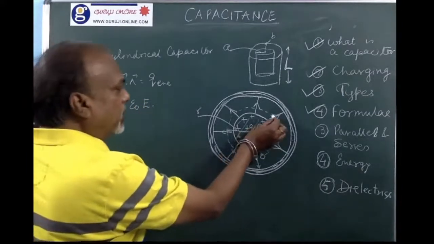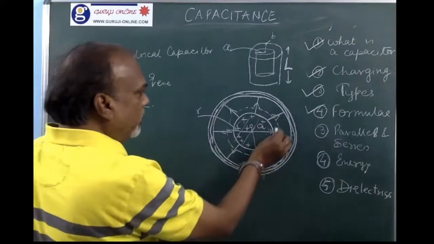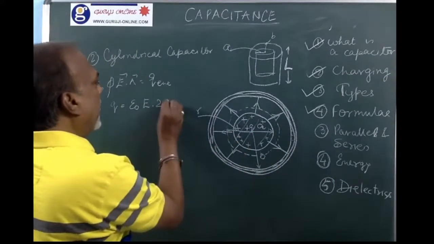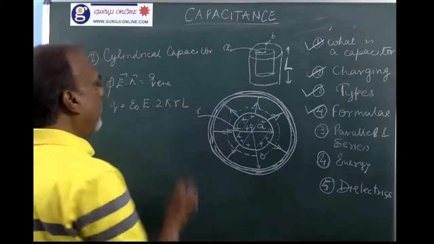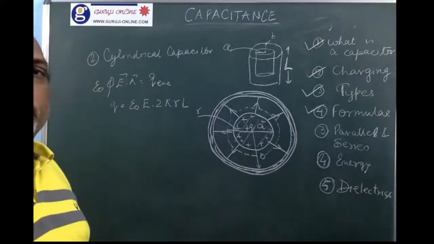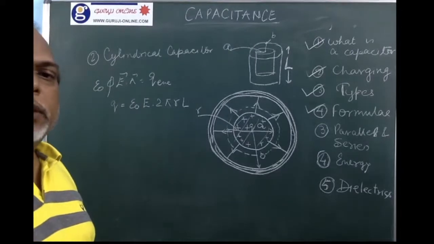Area will be the surface area of the Gaussian surface, means 2 pi R L. I hope there is no problem in this.